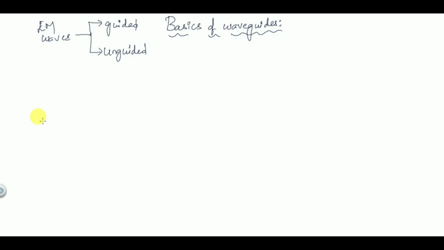Again, in guided propagation there are two types: one is the transmission line, and the second is the waveguide. And in unguided propagation we will use antennas. So for guided propagation we'll use either a transmission line or a waveguide.